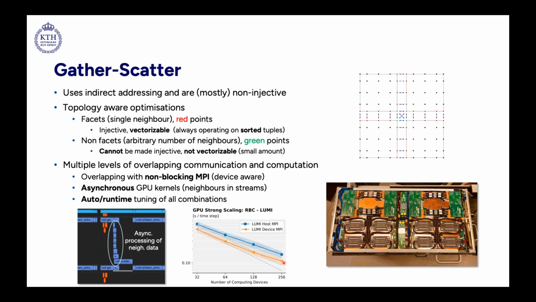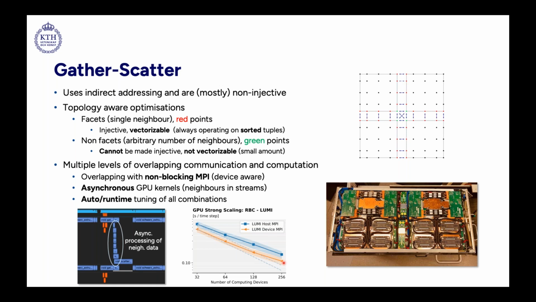So basically one for each physical neighbor, such that we don't have to wait for the late arrival from a node. So as soon as we get a message, we can start an unpack or pack operation in a stream as well.